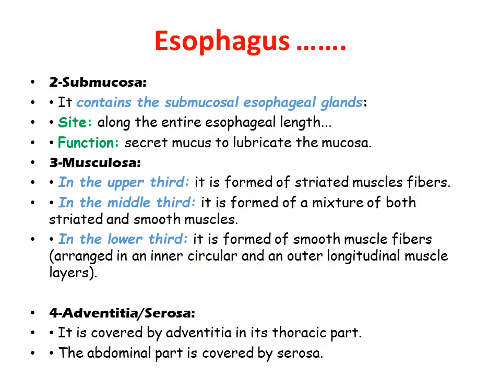The middle third is formed by a mixture of both striated and smooth muscles, and the lower third is formed by smooth muscle fiber arranged in inner circular and outer longitudinal muscle layers. The esophagus is covered by adventitia in the thoracic part, and the abdominal part of the esophagus is covered by serosa.